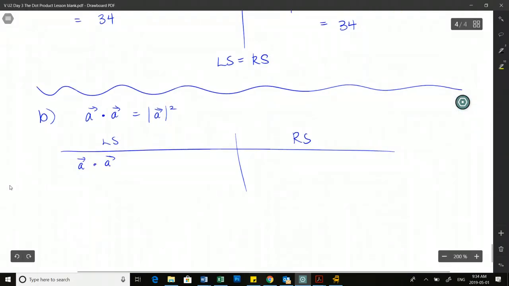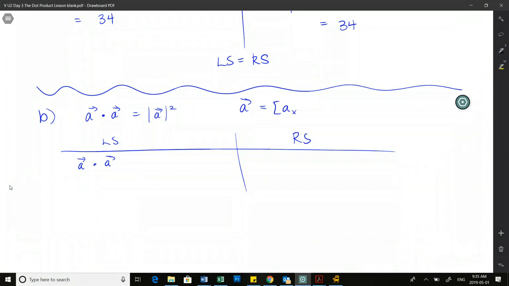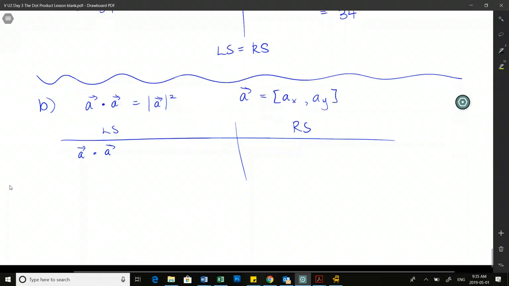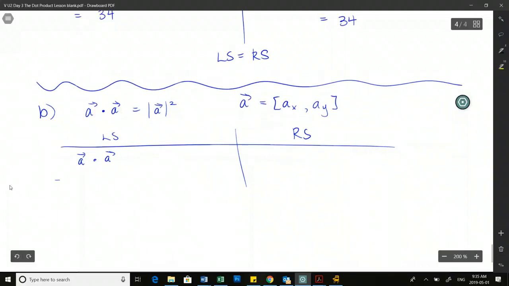Okay, and here's what I want to think about. Let's think about vector A as if I have the x component, or we also called this A1, whichever one you're happy with. And then I have that y component, or A2, if you want to call it A2. Okay, so what happens when I have two of these? Well, when we dot them together, we get our x components being multiplied. So we get our ax times our ax plus those y components being multiplied together.